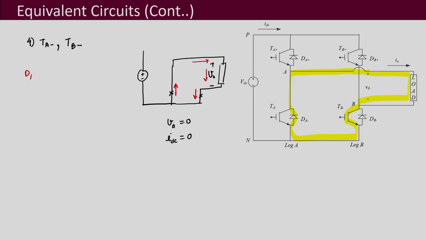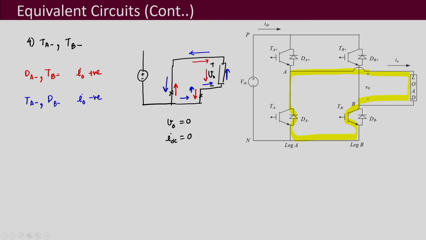That means it is the diode DA minus and the transistor TB minus which are going to conduct when the current is positive, and when the current is negative, it is flowing in the opposite direction, it flows downwards here and flows upwards here, and then it is conducting in this way. So, it is the other two devices which are going to conduct now, TA minus and DB minus, which are carrying the current when IO is negative.